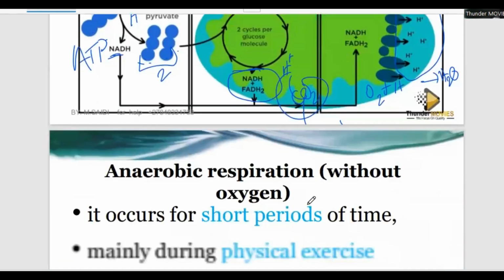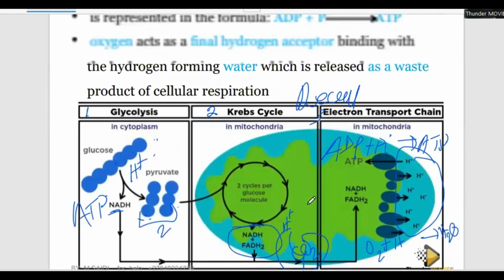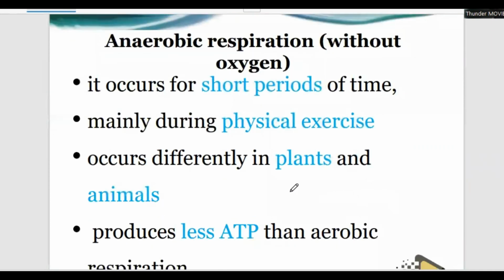All right. Anaerobic respiration. Don't forget that we say anaerobic respiration occurs without oxygen. So it means that anaerobic respiration will only take place for glycolysis. It doesn't have the Krebs cycle, doesn't have oxidative phosphorylation.